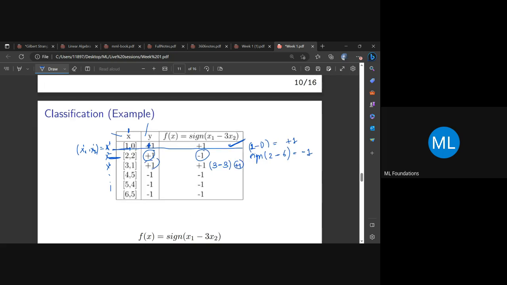Similarly, you can check for x4, x5, and x6, and you will get the same label as what is given to you for these. So what should be the loss function? What should be the loss for this f?